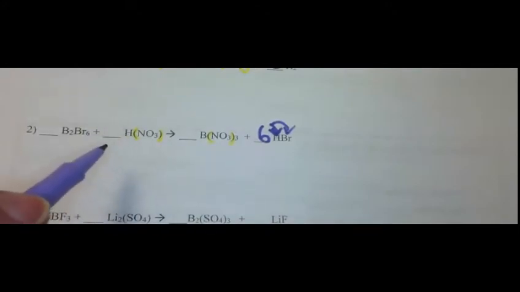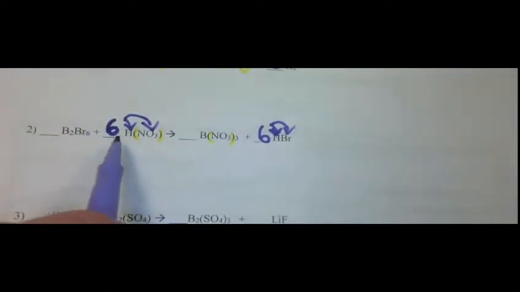Just 1. So how are we going to do this? I need to make this hydrogen right here have a coefficient of 6 in the front of it. We have another unintended consequence, right? Because now we've also affected my NO3s. Now I have 6.